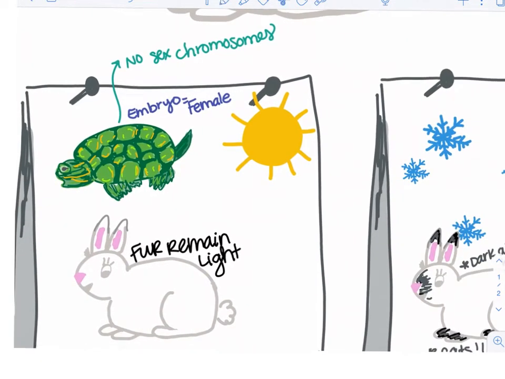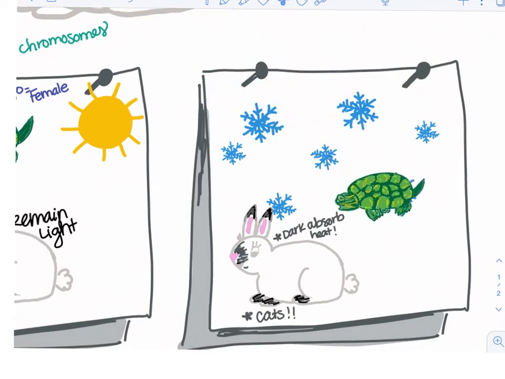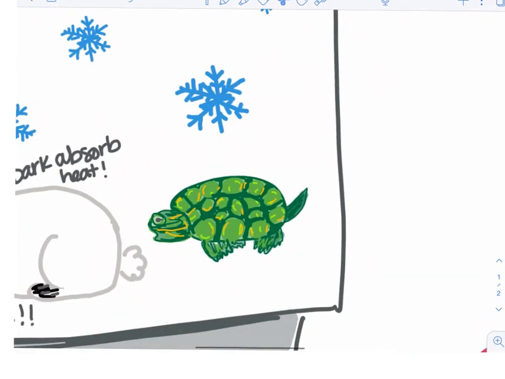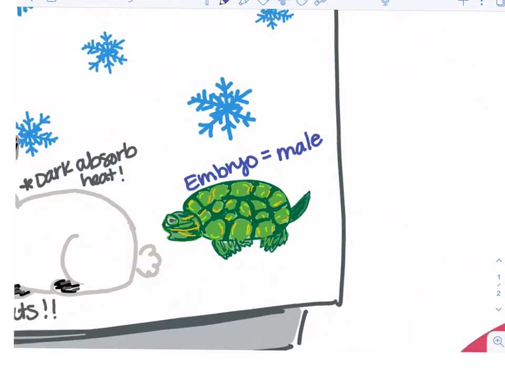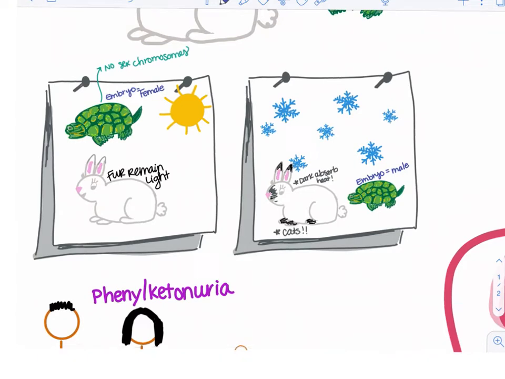If our turtle embryo develops at lower temperatures, then it develops into a male turtle. Again, the embryo is before birth, so we're not having our turtle switch from one sex to another.